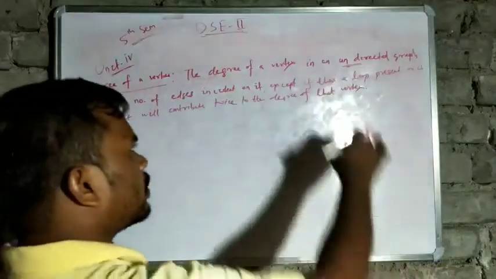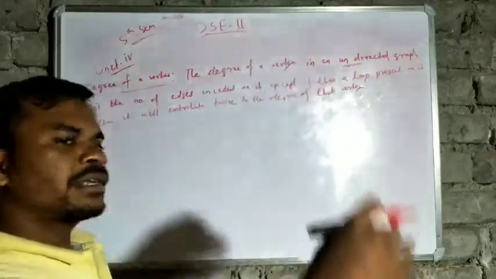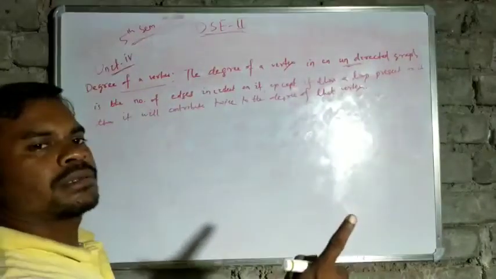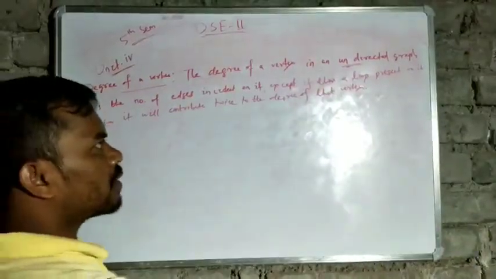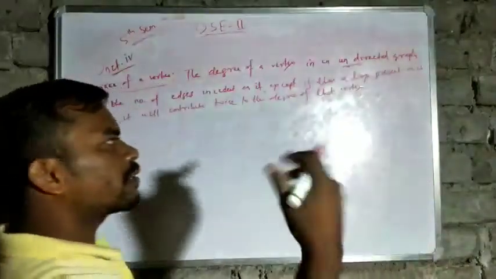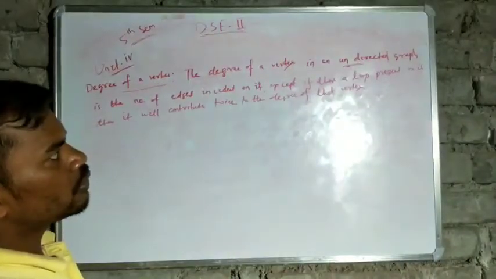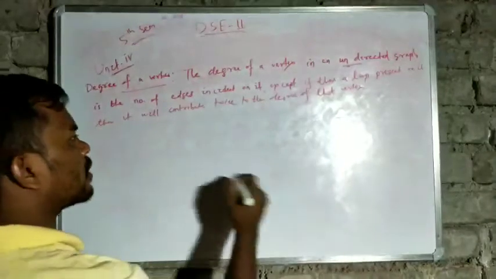So if there is an edge at a vertex, then it will contribute 1 to the degree of that vertex. If there is a loop present, then it will contribute 2 to the degree of that vertex.